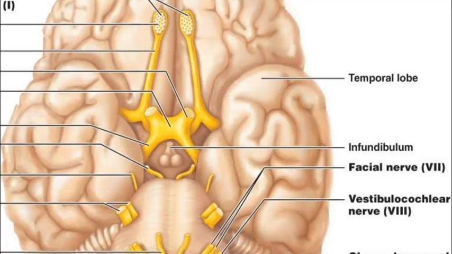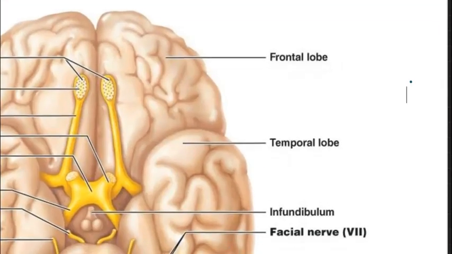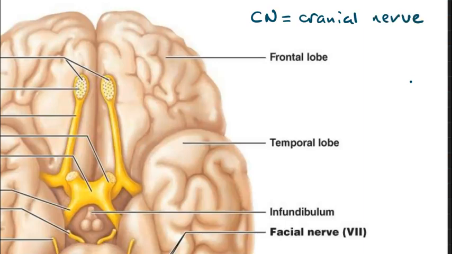So I want to show you the pattern in which I personally do this with the cranial nerves on that image. I'm going to show you a couple of mnemonic rules, but this is the quick overview. For the purposes of brevity, CN stands for cranial nerve, just the acronyms, and then the Roman number.